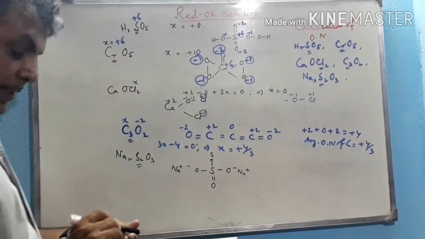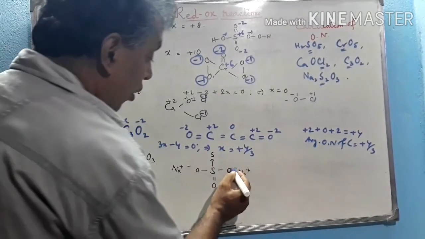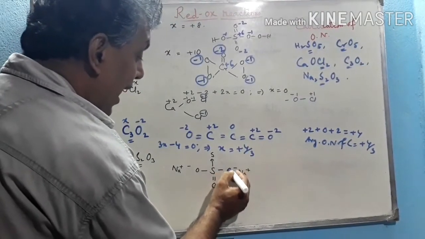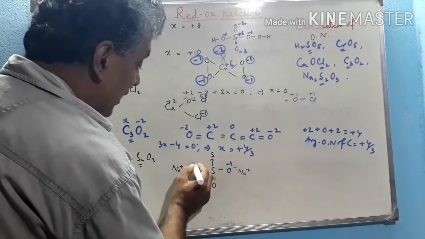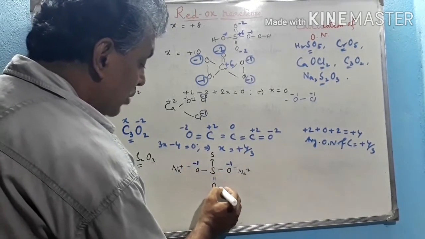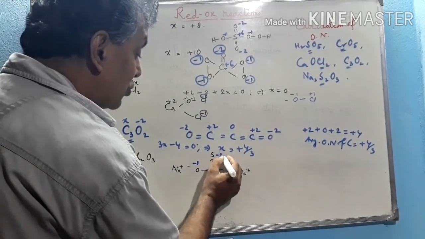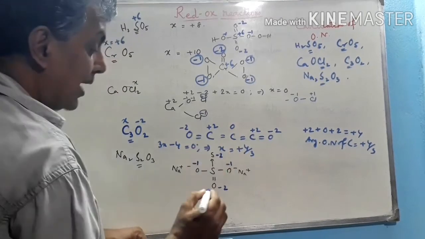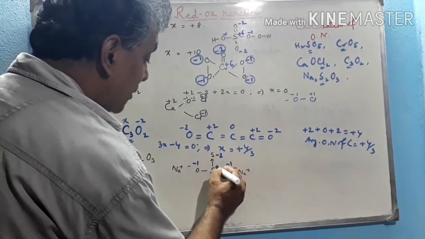Now see how many bonds are formed by the oxygen atoms with the central sulfur atom. Oxygen forms only one bond, and as it is more electronegative, it gets -1. Here also oxygen is -1, but this is double bonded O, so it is -2. Here it is a coordinate bond, so sulfur takes -2 charge. So in its surrounding, the total charge becomes -6. So that's why this becomes +6.